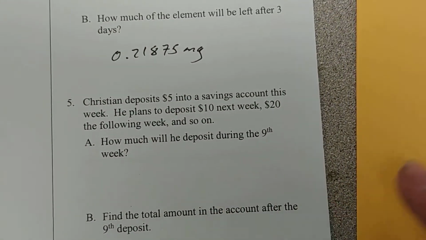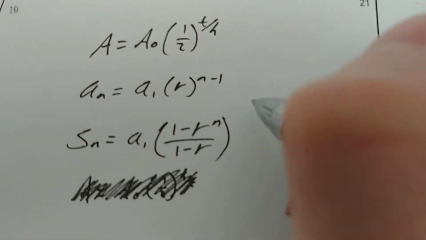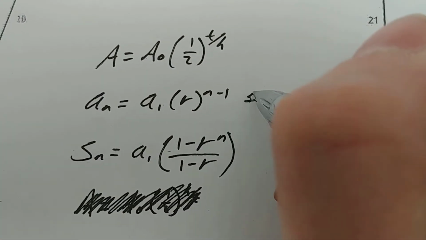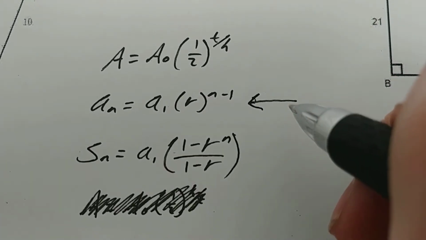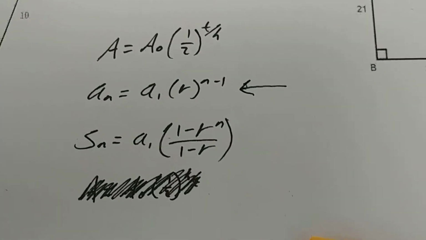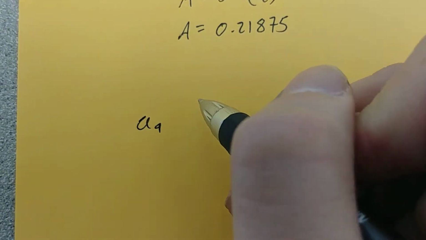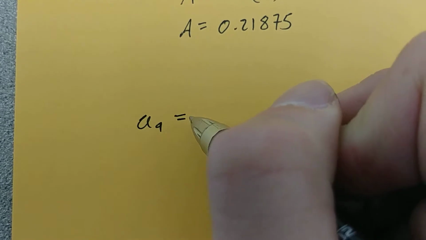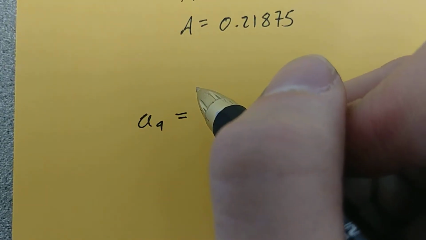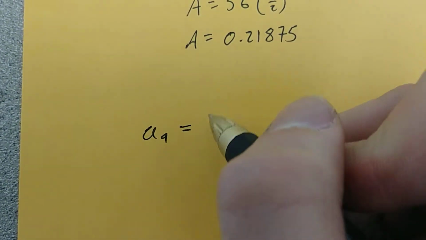So for that, I'm going to use my equation concerning the sequence. My equation is going to be a sub 9 is equal to my initial value, which he deposited $5 the first time.